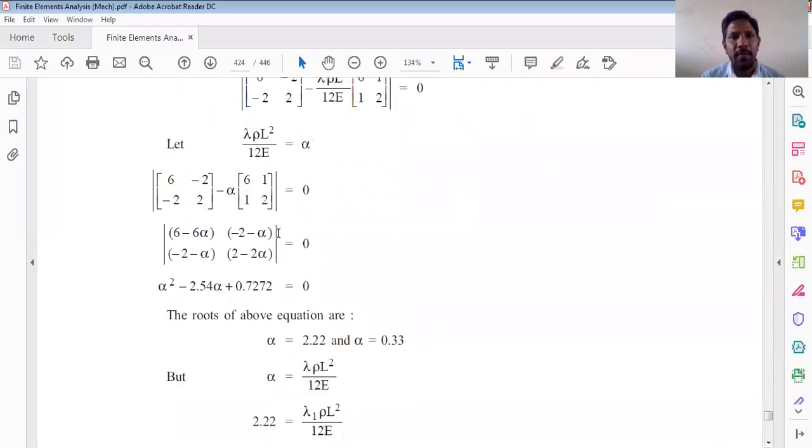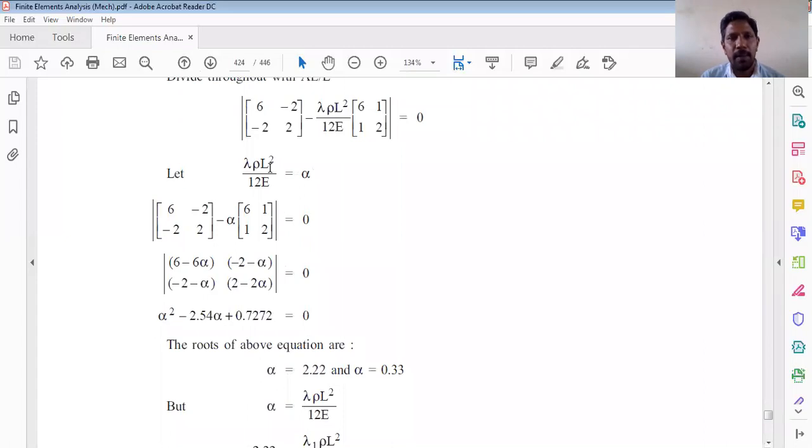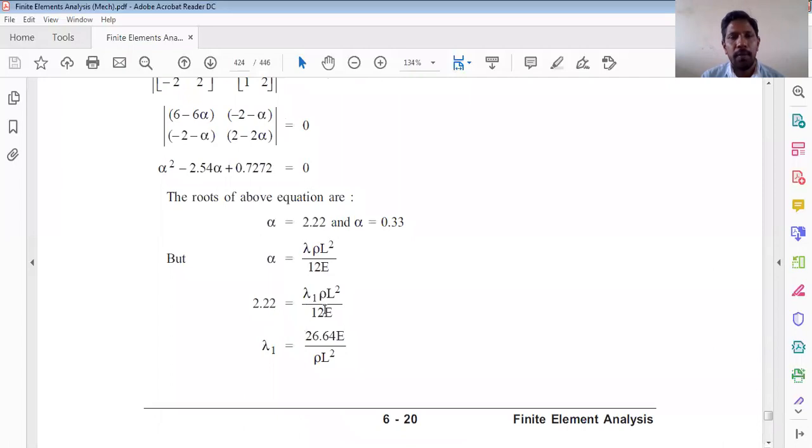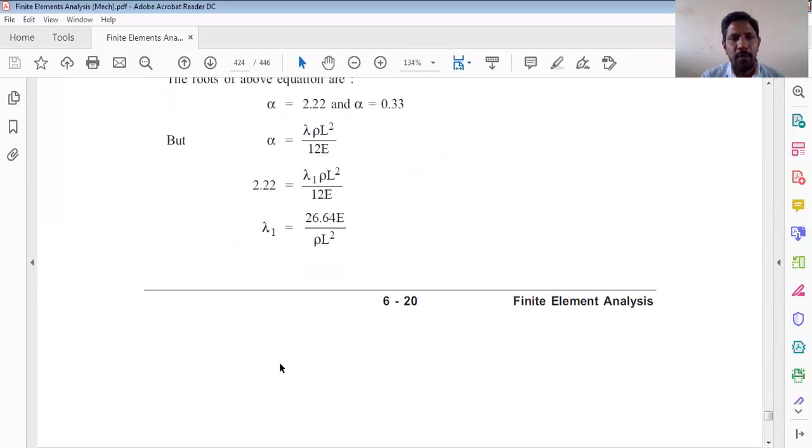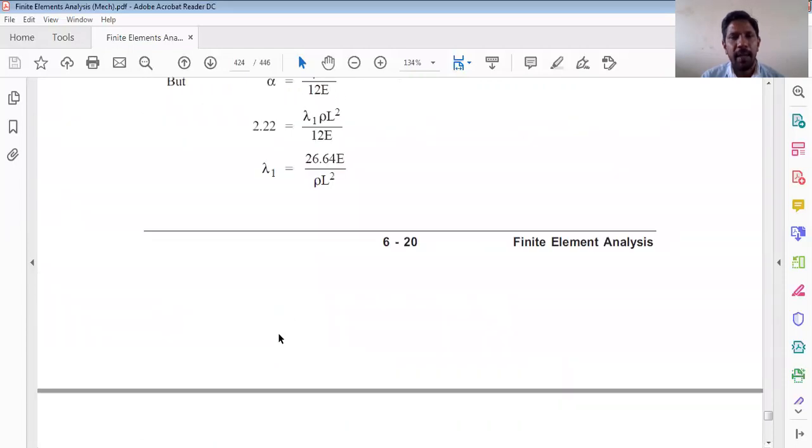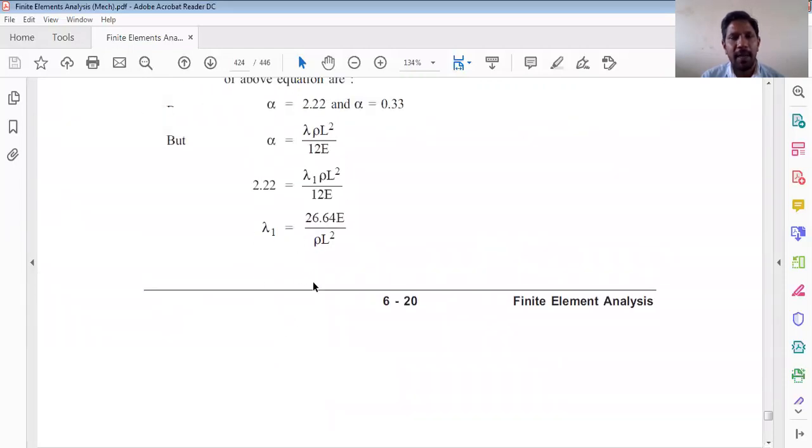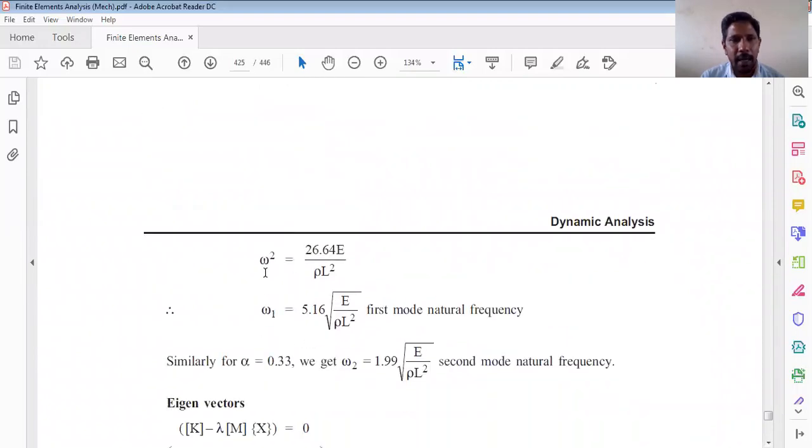We know the value of alpha, as we have substituted this term as alpha. So we get lambda from this, and the lambda 1 value, when you substitute alpha 1, we get as 26.64 E by rho L square. When you substitute alpha 2, we get lambda 2. Correspondingly, we know that lambda is equals to omega square, and omega square is therefore 26.64 E divided by rho L square.